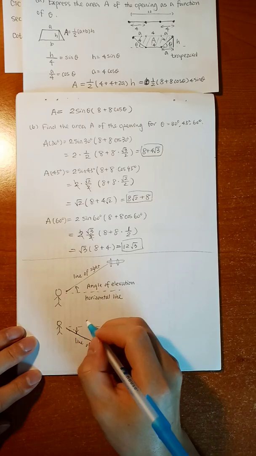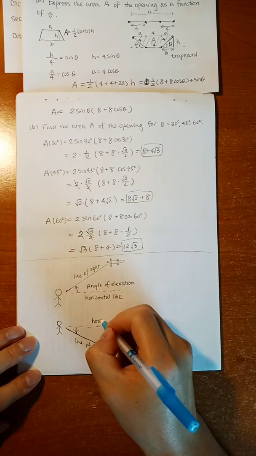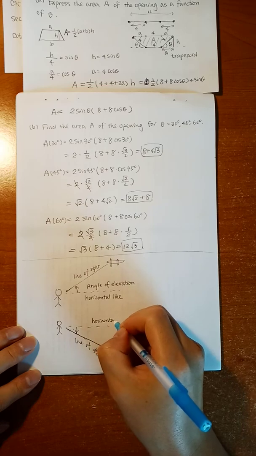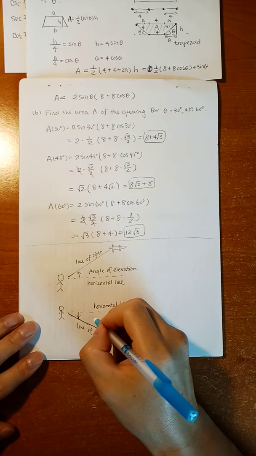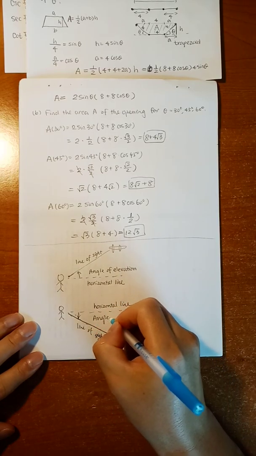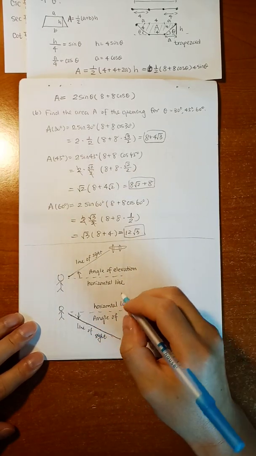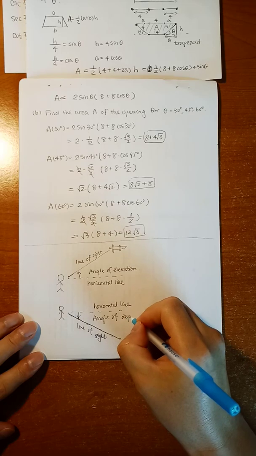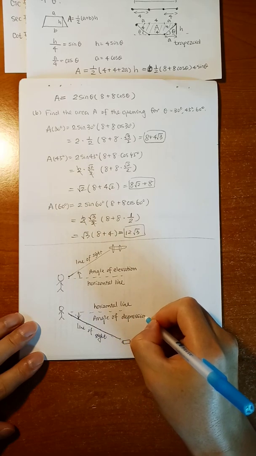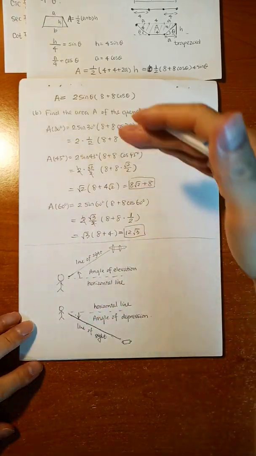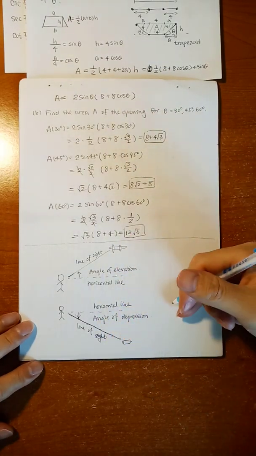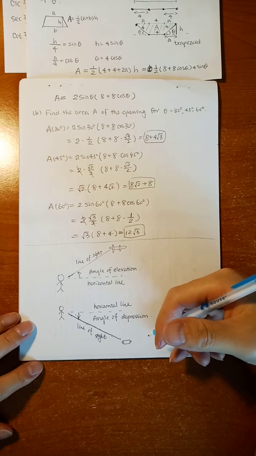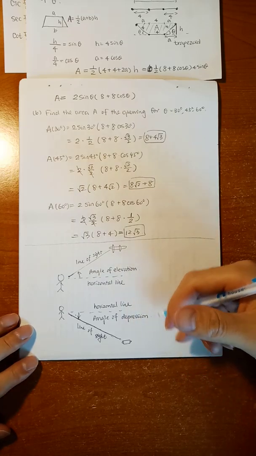Then the angle formed by this line of sight and the horizontal line is called the angle of depression. Elevation, you look at the higher object. Angle of depression, you look at the low object. Okay.